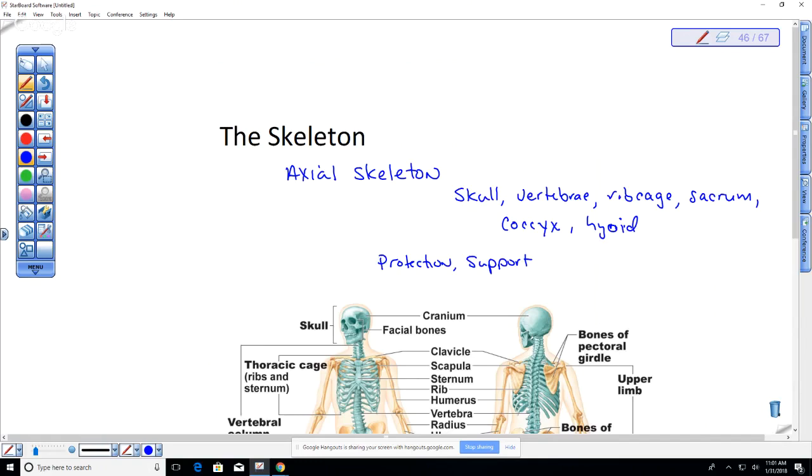And then it is also responsible for movement, as in the rotation of the head, the flexion of the spine, and the extension of the spine. We could also have side bending, which is referred to as lateral flexion. So we'll talk more about that when we get to the different parts of the skeleton and when we get to the joints.